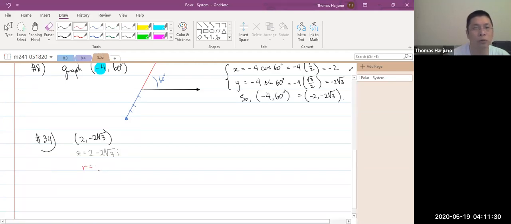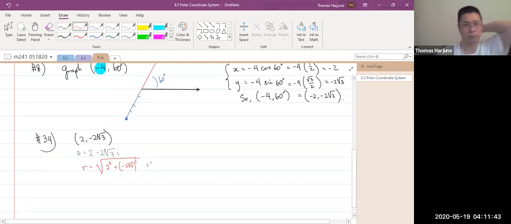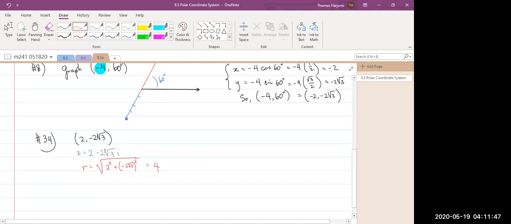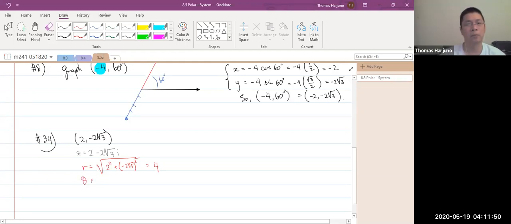R equals the square root of 2 squared plus negative 2 radical 3 squared. What's that? That's 4. And how about the theta? That's tangent inverse of negative 2 radical 3 over 2, that's tangent inverse of negative radical 3. That's negative 60 degrees.